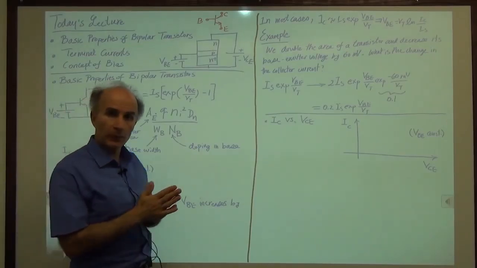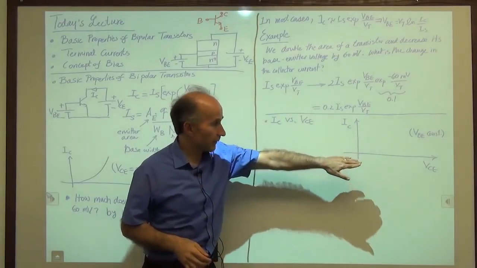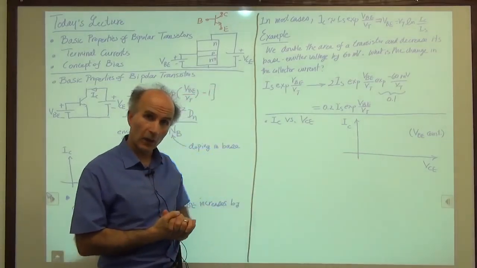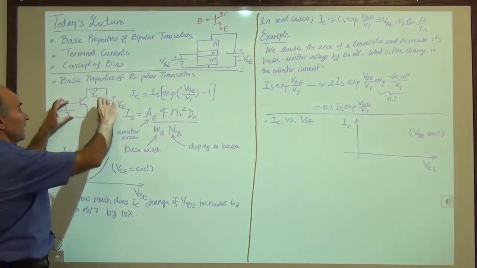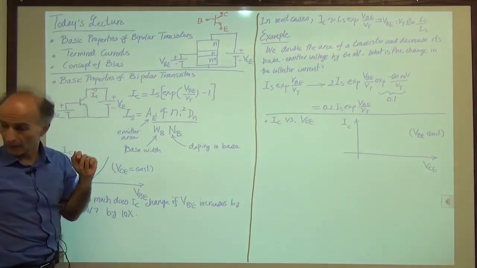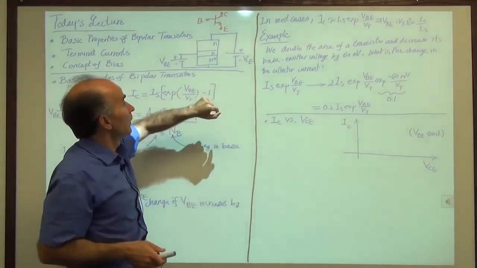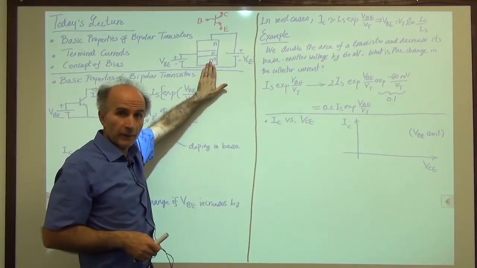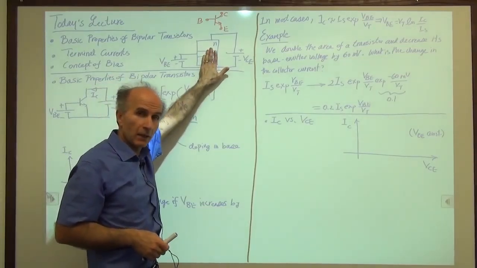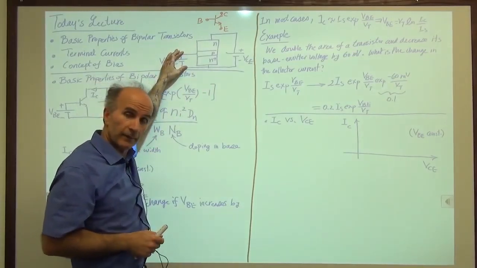All right, so what is your prediction for the behavior of IC as a function of VCE while the base emitter voltage is fixed? So this is fixed, and we're just increasing this. Well, going back to the physics of the device, we remember that the electrons that start from the emitter and cross to the base are really determined by the base emitter voltage.